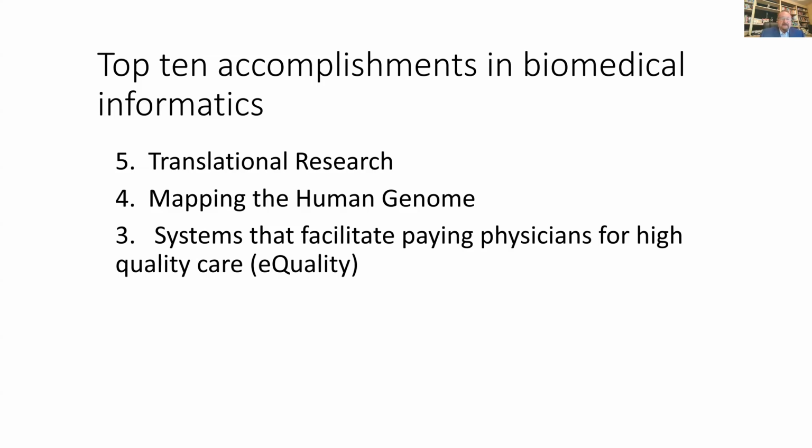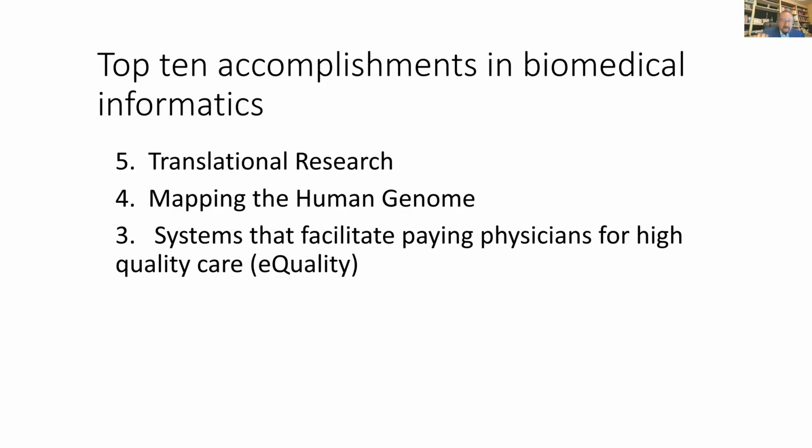And then systems that facilitate paying for physicians. It used to be that we paid bad doctors more than good doctors because they'd hurt the patient and they'd get paid again for fixing it. And the person who did the right thing in the first place just got paid once. And so this is pay for performance, which was done by informatics because we figured out how to measure the quality of care that physicians give to their patients.